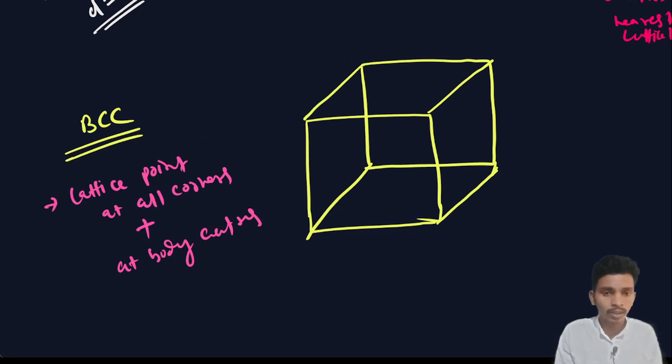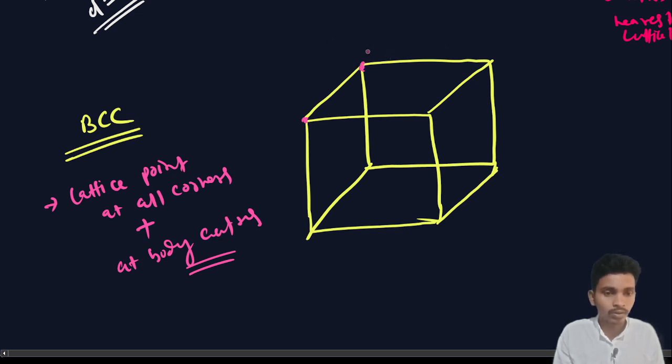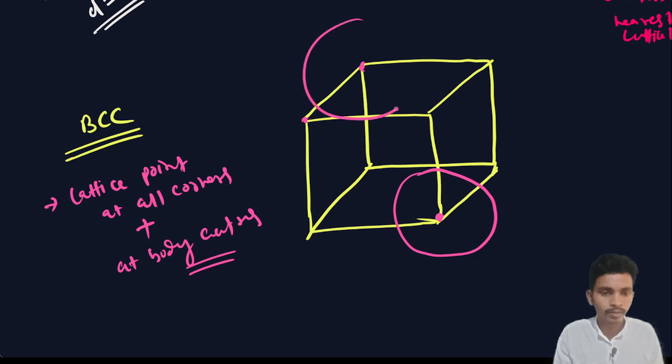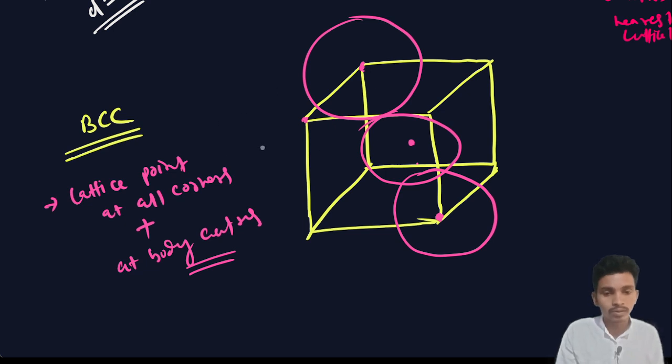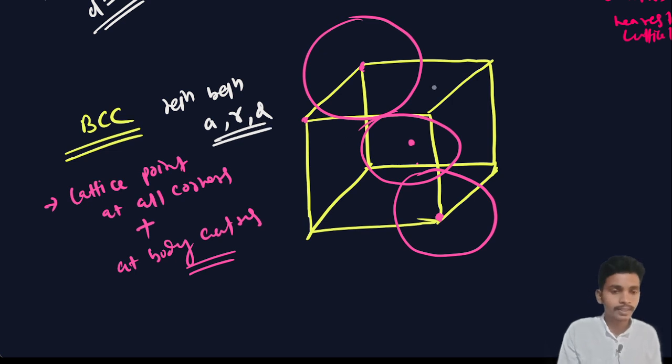So I will draw all the corners with the body center, like this. Here we are finding the relationship between A, R and D. For this case, we see that this is a body diagonal, from here to here.